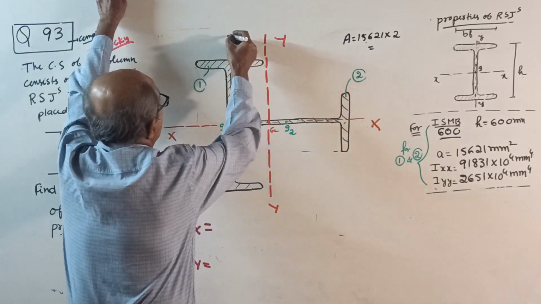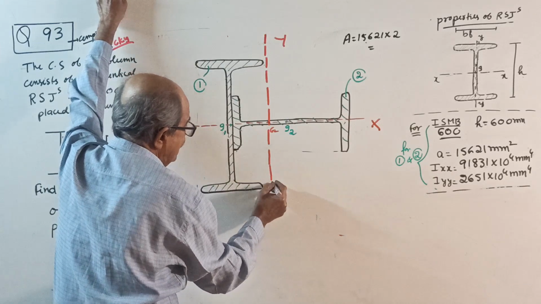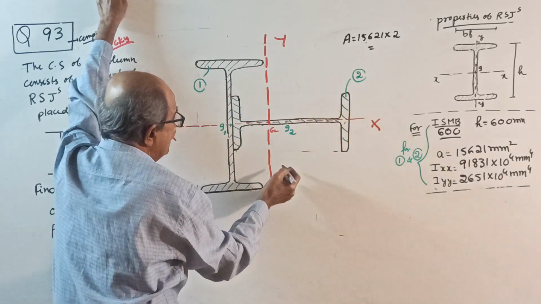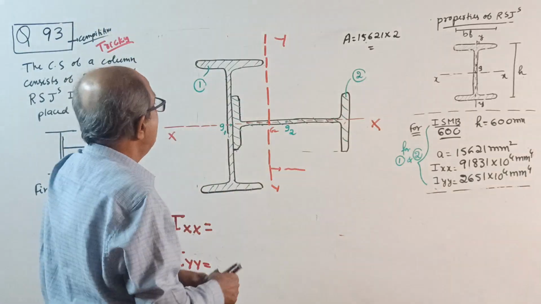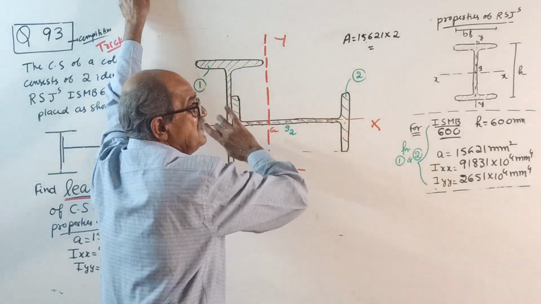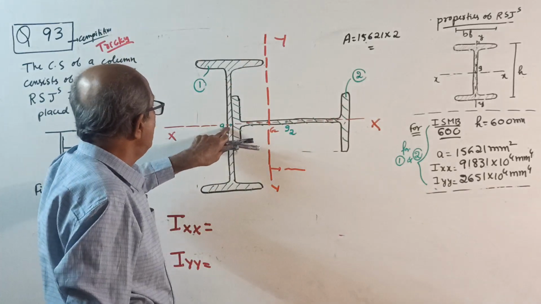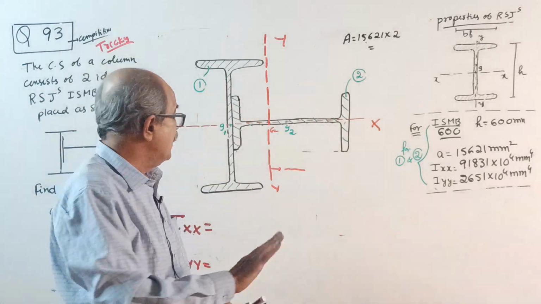So leave it as it is and mark yy randomly, making a note that it is randomly marked. But one important thing: when two identical RSJs are there, with this centroid here and this centroid here, yy will come somewhere in between.